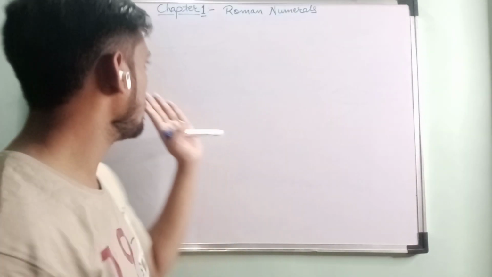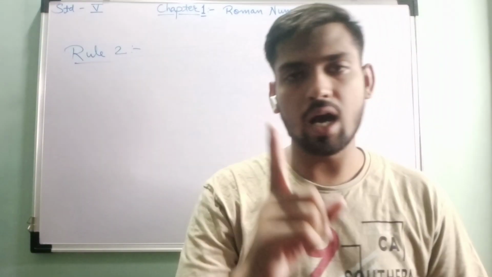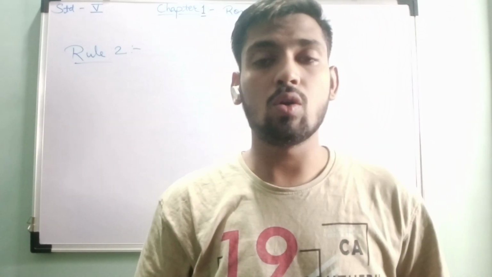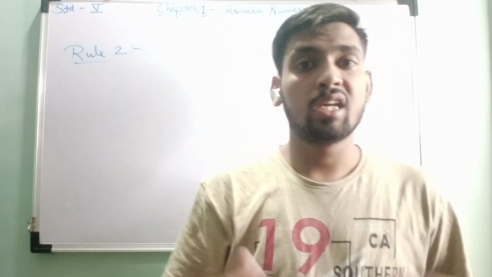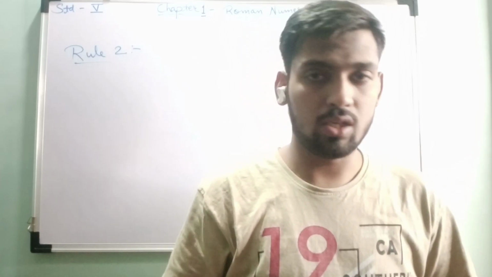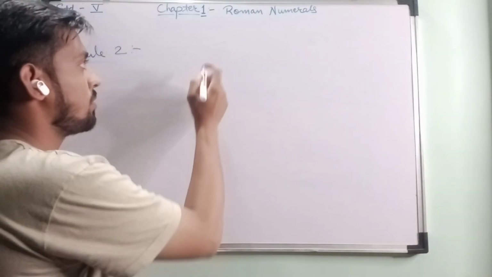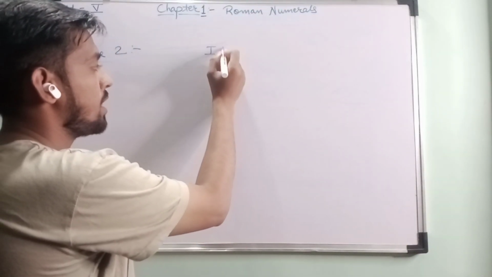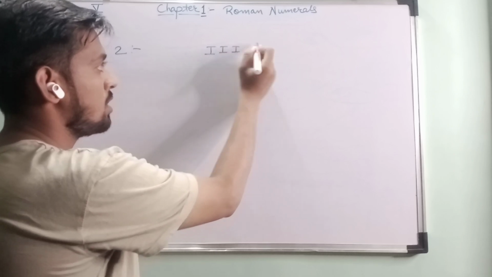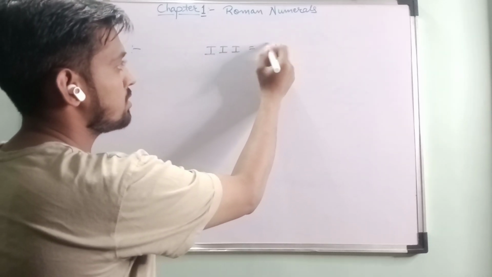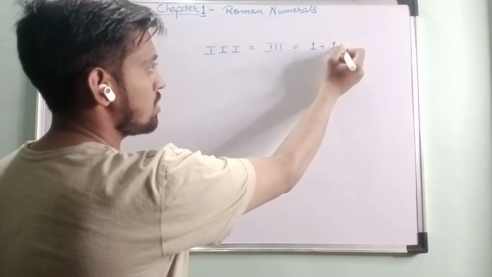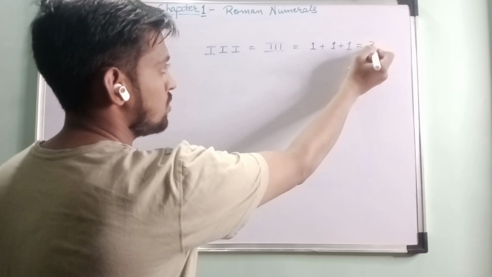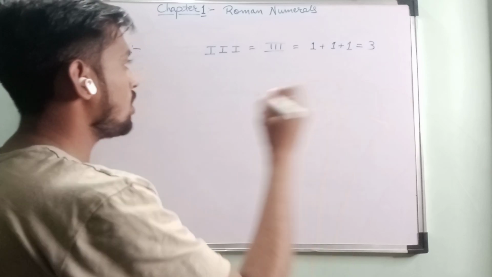So, it is time to learn the second rule. Rule number 2 is that I or X can be repeated consecutively for a maximum of 3 times, and V cannot be repeated consecutively. For example, if I write I for a maximum of 3 times, you can write III, which equals 1 plus 1 plus 1, that is 3. What about X?